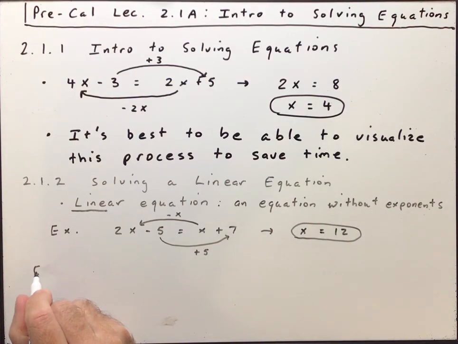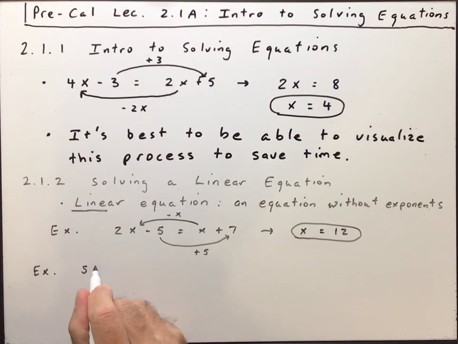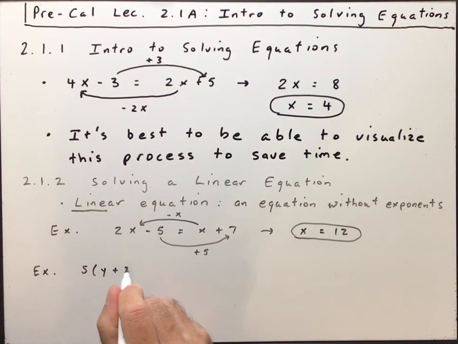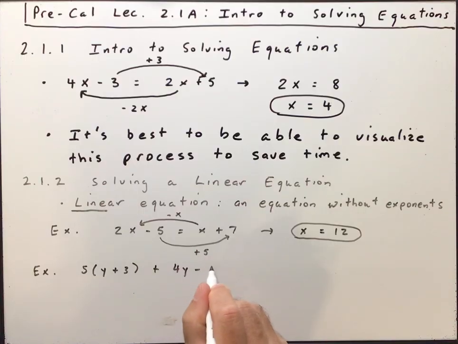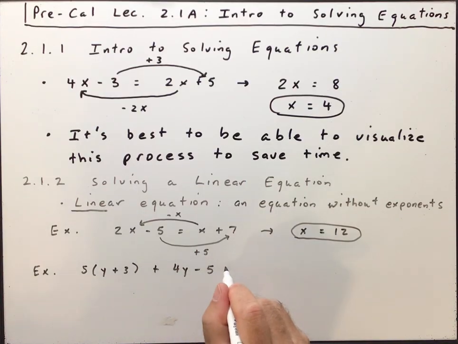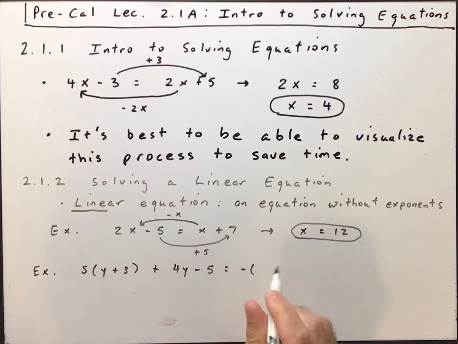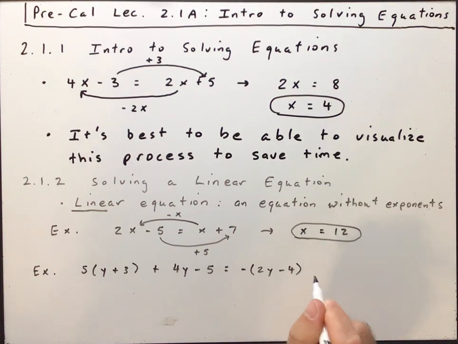All right, let's add a little complexity here. So let's say we have 5 times y plus 3 plus 4y minus 5 is equal to negative, and then we have 2y minus 4. Now we've already been doing this kind of stuff.